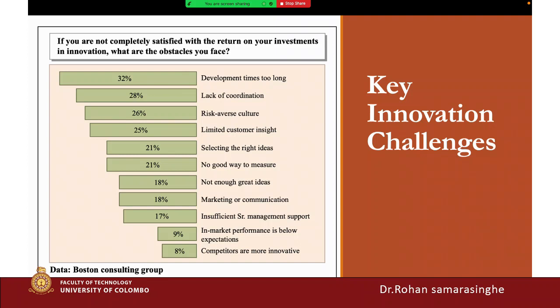Then there is lack of coordination. Sometimes when it is developed, there may not be good coordination. Risk averse culture and limited customer insights, selecting the right ideas, no good ways to measure, and not enough great ideas are also challenges, and market communication, insufficient strategic management support, in-market performance below expectation, and competitors are more innovative.